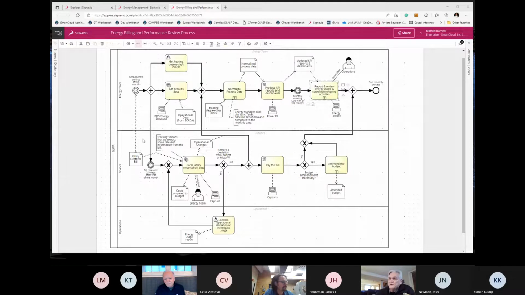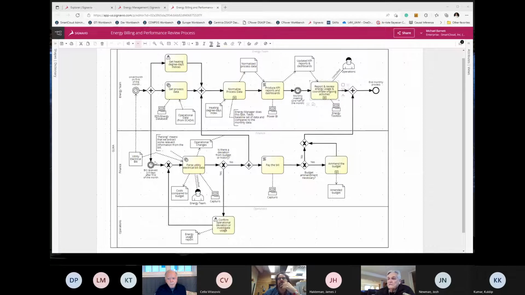So what you're seeing, and as I walk through this, I'll point out the meaning of these graphical icons. But the essence of this was that every month this process starts. What causes it to start is the receipt of a utility electric bill.